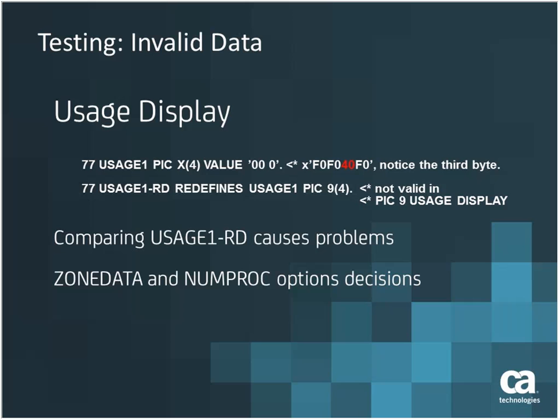So when compiling with version 5, again, it's unlikely that the program would abend when you do some comparison for that USAGE DISPLAY field. But because different assembly instructions are being generated, the results could be different when the zone bits are not valid. And I would recommend, at least for cases like this, that you look to the migration guide for information on setting your NUMPROC and your ZONEDATA options.